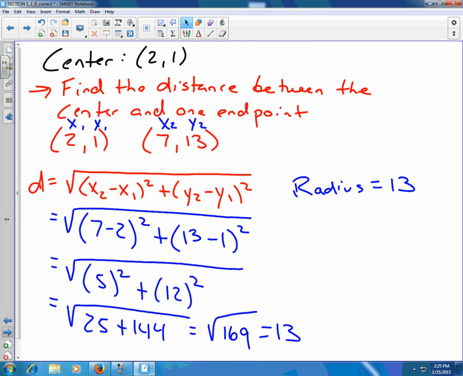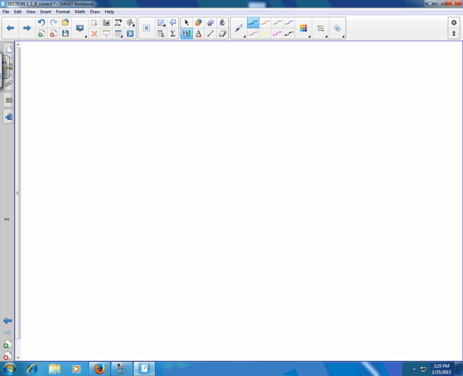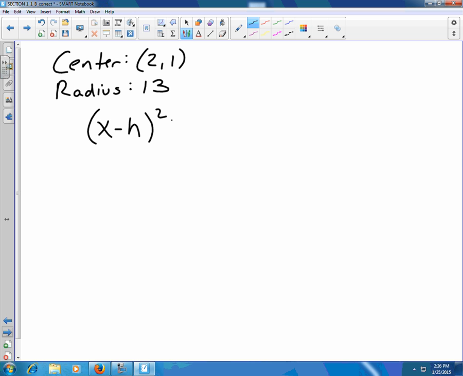And so finally we can write the equation. We know the center is at (2, 1), and the radius is 13. And so now we're just going to take these values and plug them into the formula: (x minus h) squared plus (y minus k) squared is equal to r squared.